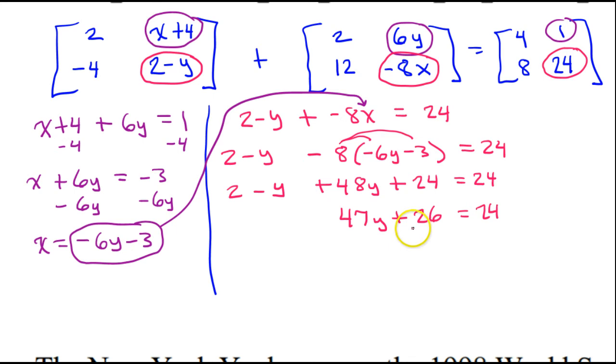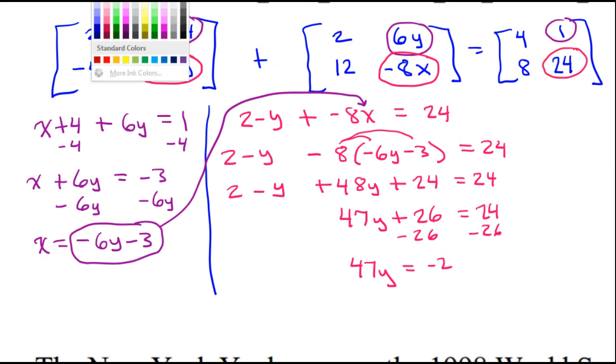So now I need to subtract 26 from both sides. So that's going to give me 47y is equal to negative 2. Okay, just double checking because I see how ugly this is about to be.